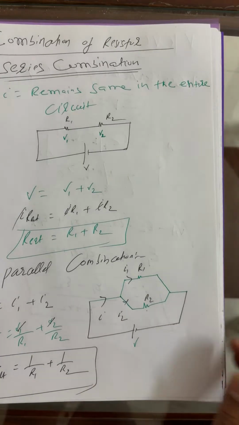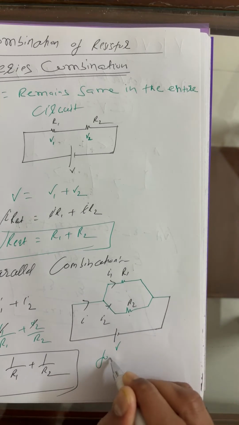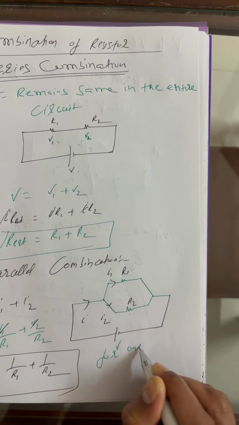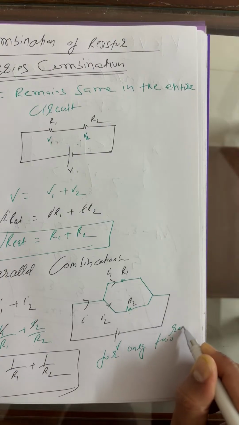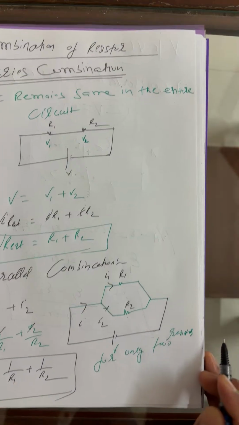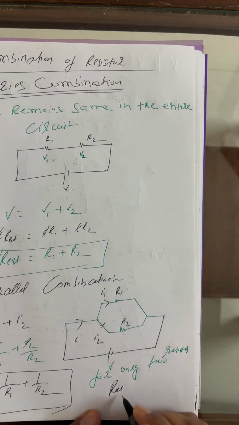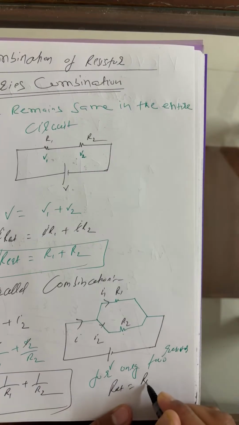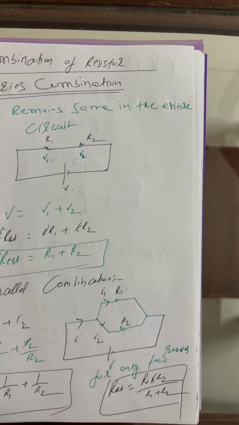So, I'm giving one point which you can keep in mind for only two resistors. I can write for this condition R equivalent equals R1 into R2 upon R1 plus R2.